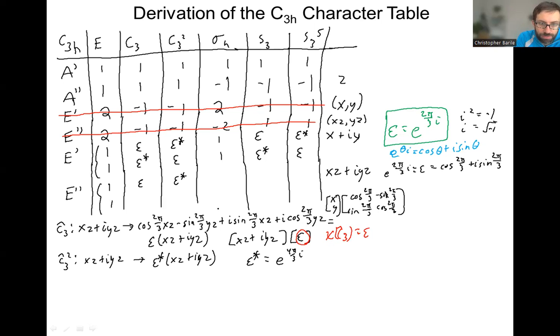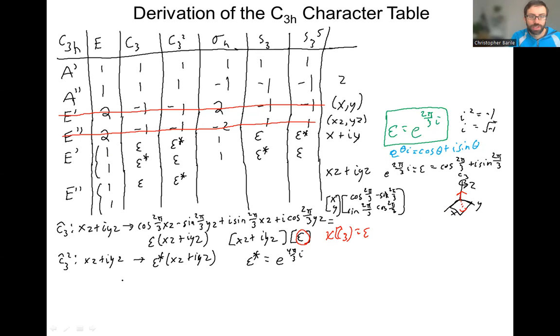Next one is sigma h. Sigma h, we realized in both videos, is in the xy plane. So there's our principal rotation axis, our C3. And if we have an x vector or a y vector, it doesn't do anything. But if we have a z vector, it's going to go to the negative z, right?